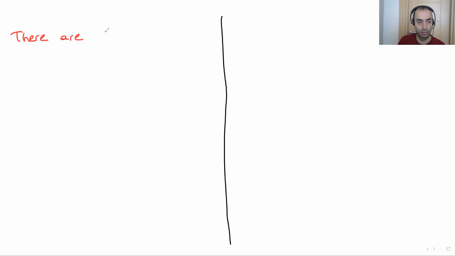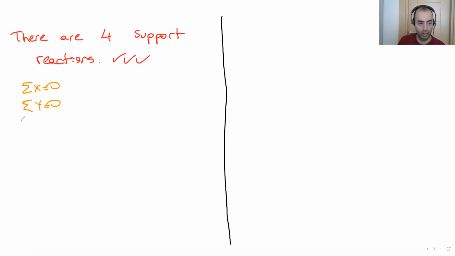By the way, there are 4 support reactions, right? Yes, we know this one. And then we have total x equals 0, total y equals 0 and total m equals 0.